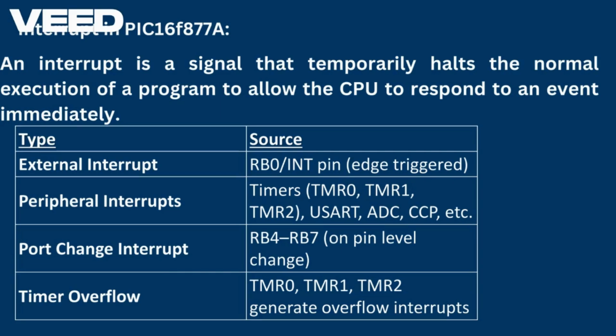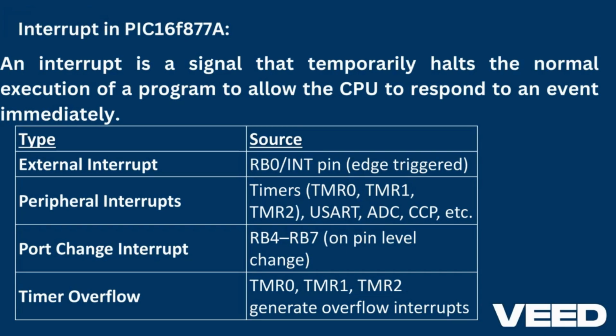These interrupts can be external interrupts, peripheral interrupts, port change interrupts, and timer overflow. An external interrupt is the interrupt given through the RB0 pin. Peripheral interrupts are from timers, USARTs, these communication devices, and ADCs.